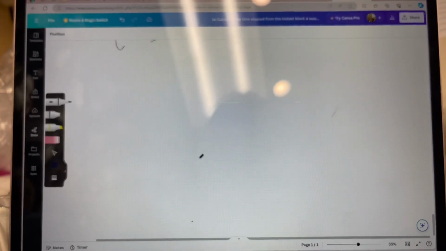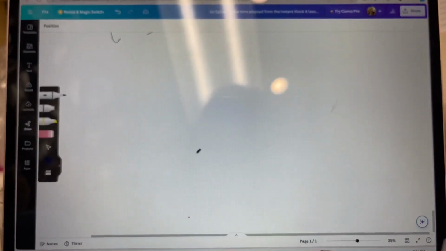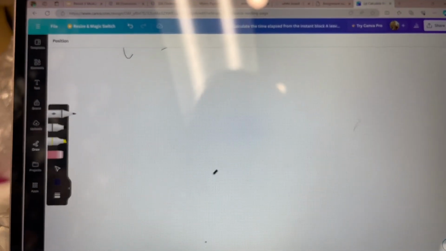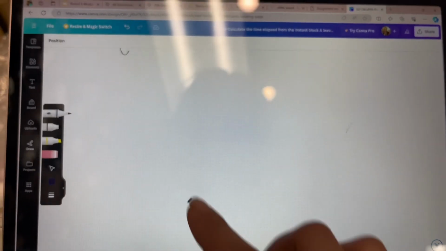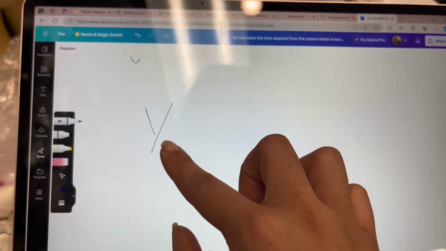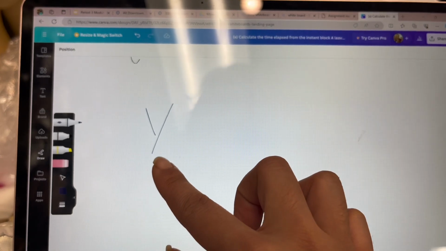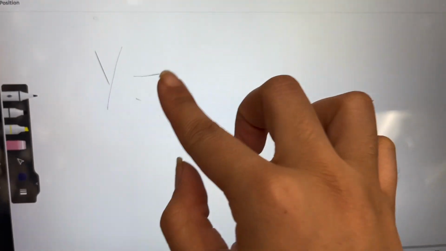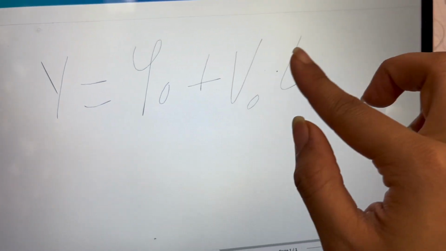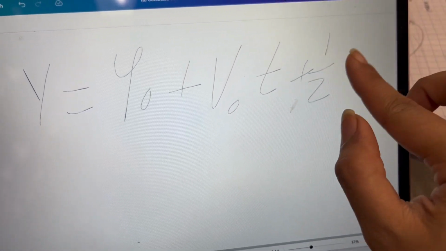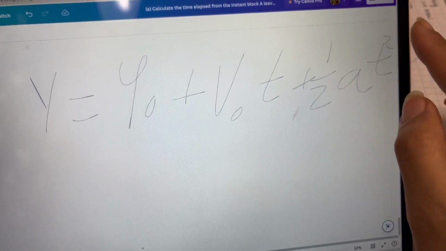So let's take back our information from kinematics and use kinematic equations to solve this problem. We are going to be using the kinematic equation y equals y naught plus v naught t plus 1/2 a t squared.